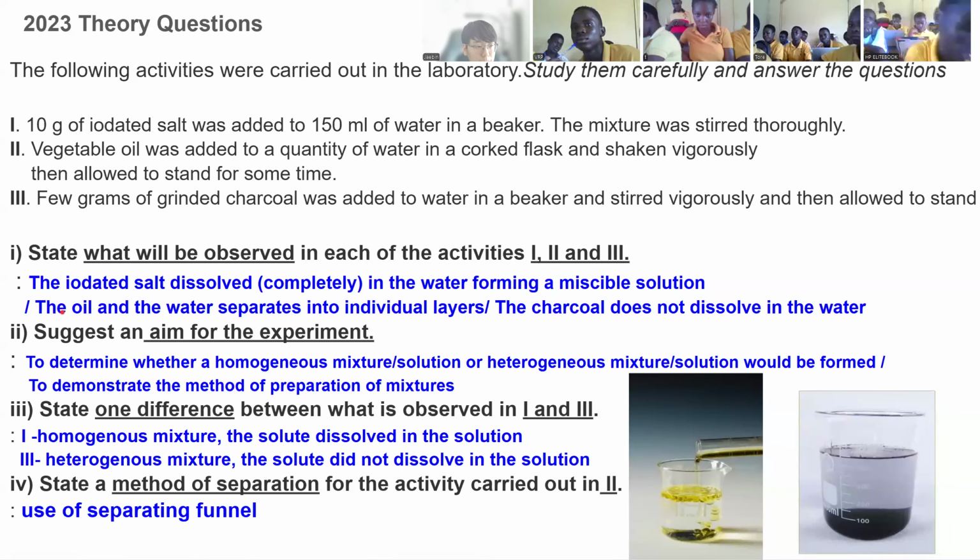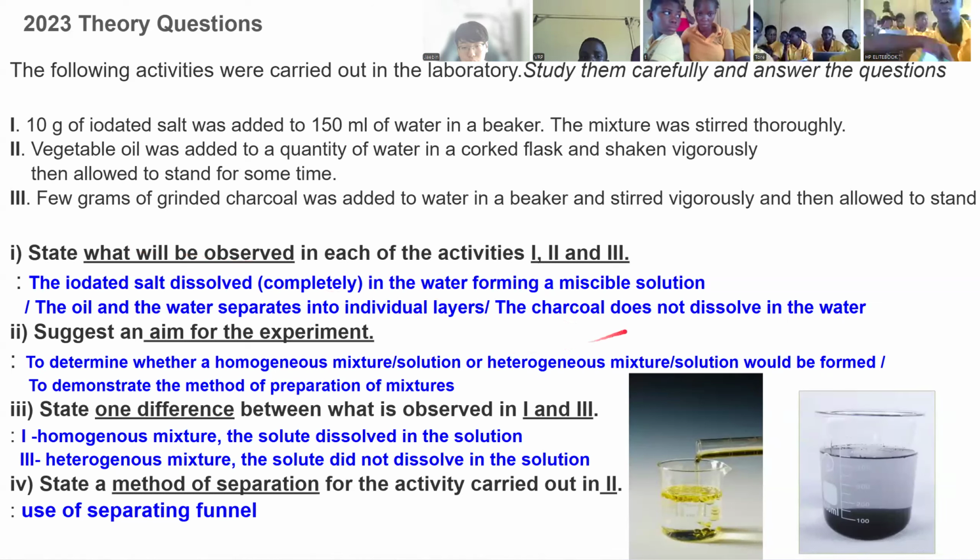For the second part, the water and the oil will separate into individual layers because remember how water and oil do not mix together well. But it's still a heterogeneous mixture. It's not uniform, but still a mixture.